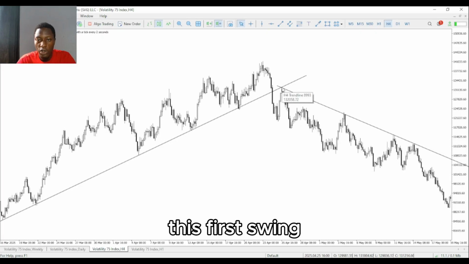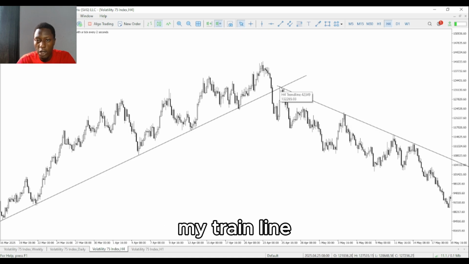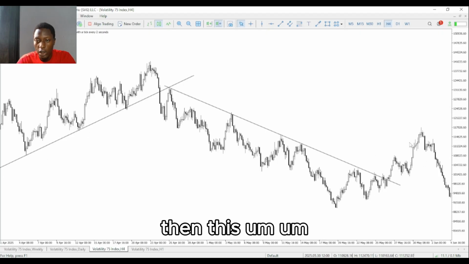I saw this first swing and this second swing, so that gives me the confidence to join my trend line from here to here, and it gives me this third touch and this fourth touch, then the fifth one. Then the sixth one was trying to sell, and eventually it got rejected and broke out.